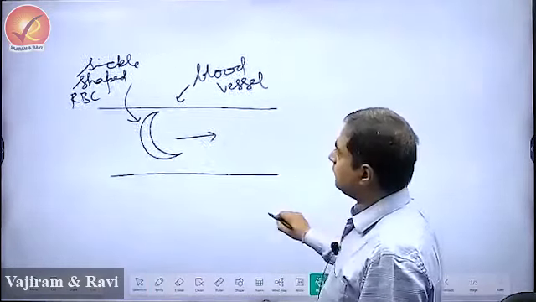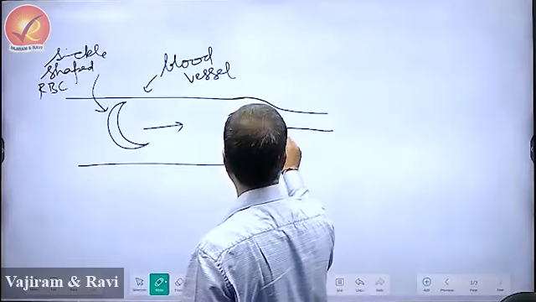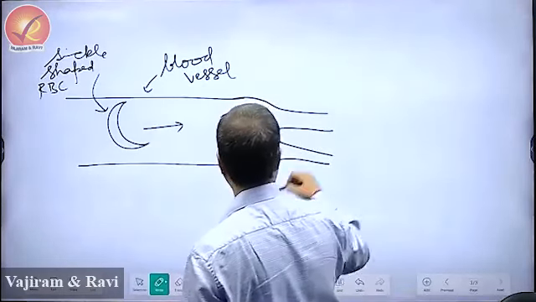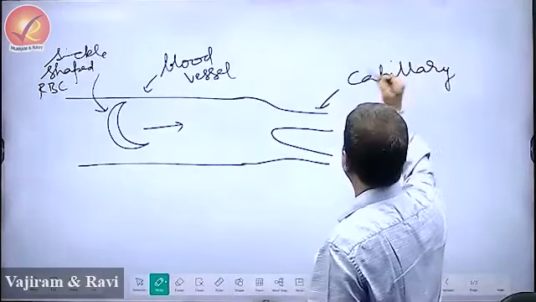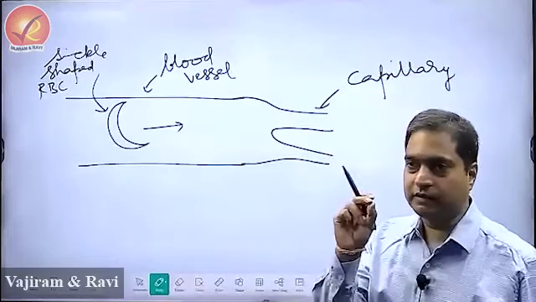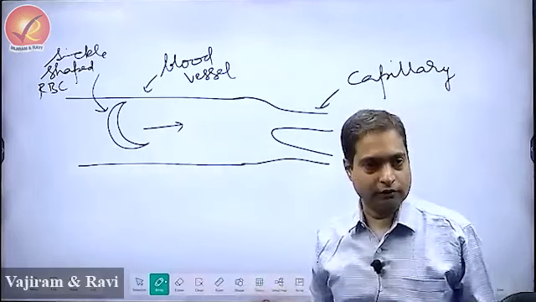Now, when this blood vessel branches into tiny capillaries, which we discussed are single cell thick, its diameter is narrower than the RBC diameter.